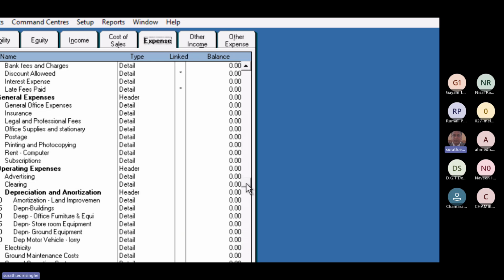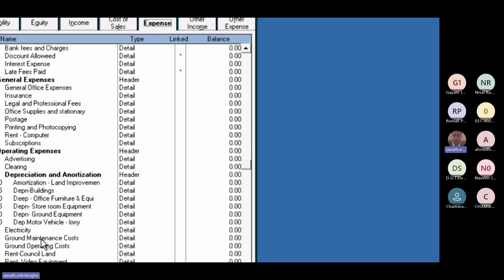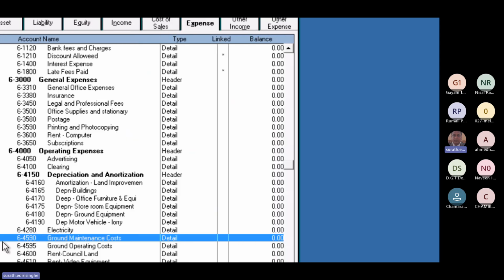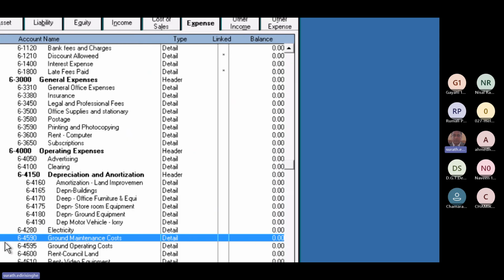In my case, ground maintenance cost is an expense type account. Then it is automatically debited to the 2 assets under property, plant and equipment, capitalizing them, and the bag racks are written off in the first year to the profit and loss account by ground maintenance cost. You record it that way.